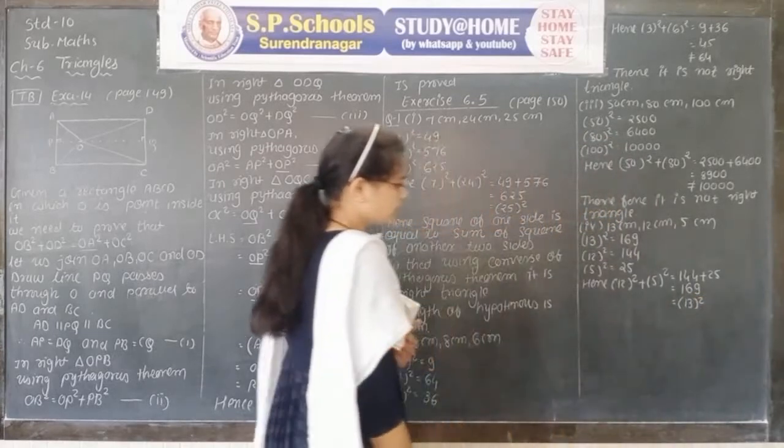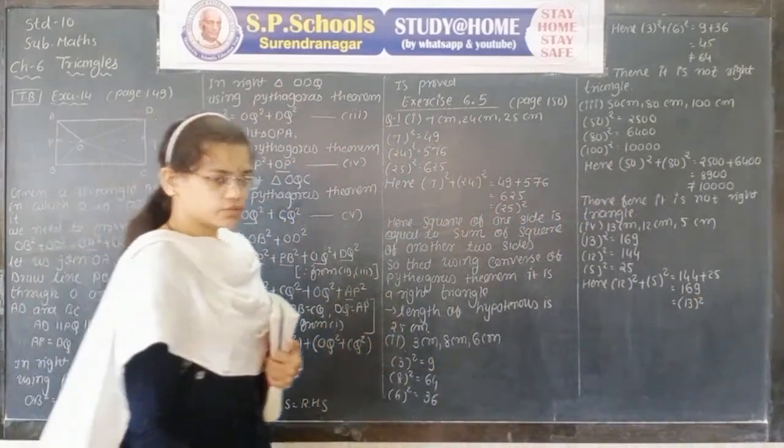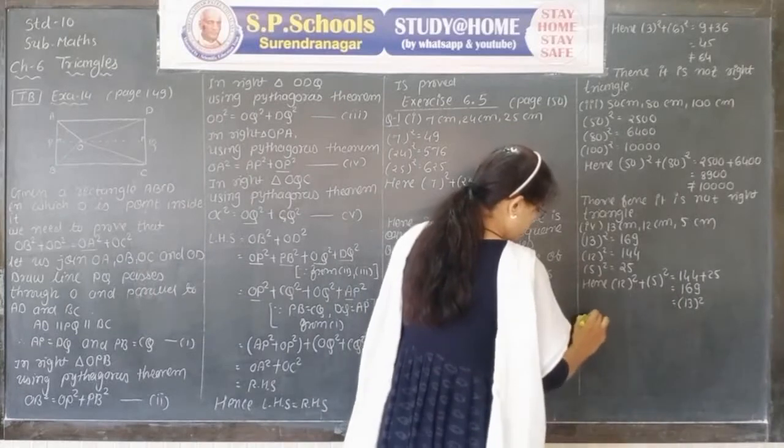Yes, here the square of one side is equals to the sum of the squares of the other two sides.